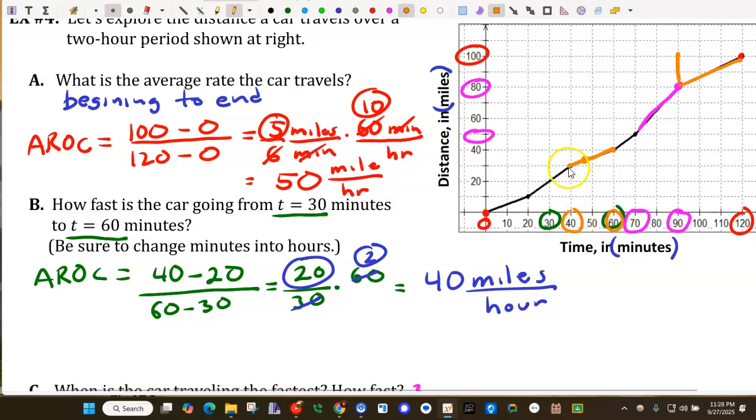I want to use those because I actually have perfect numbers here. This is going to be 30, and I'm not dealing with any fractions, and it's going to be 40. So we got up 10 over 20.